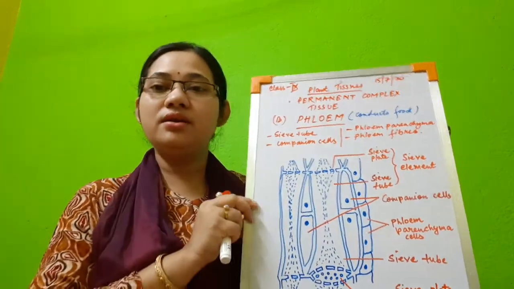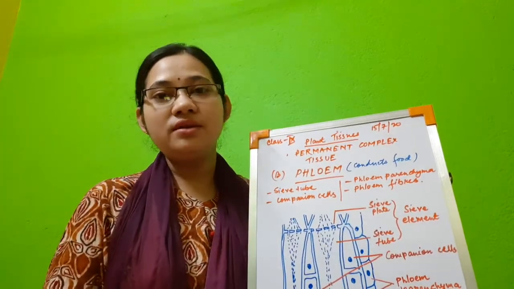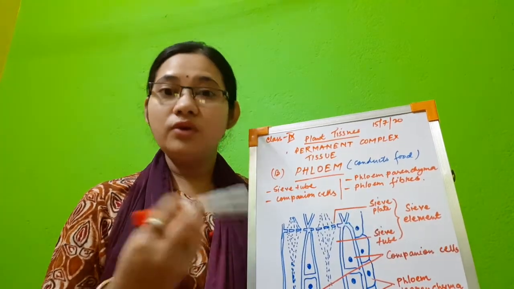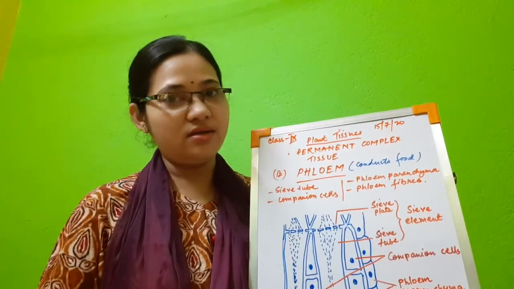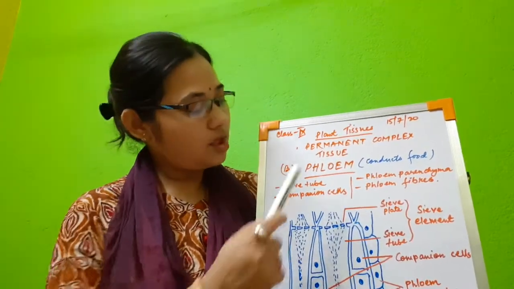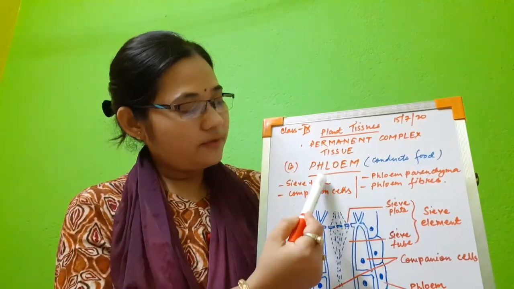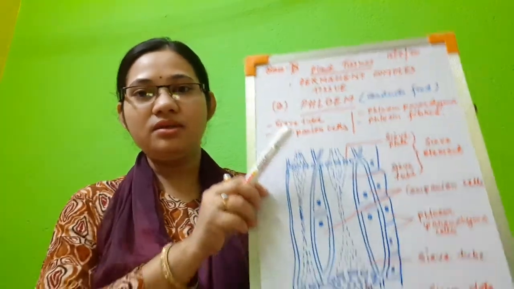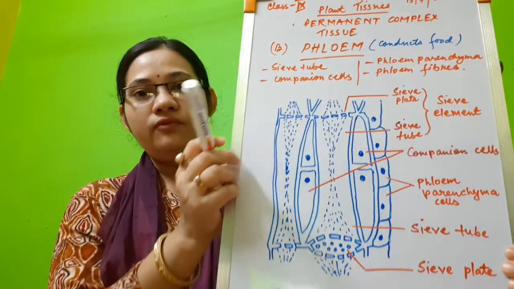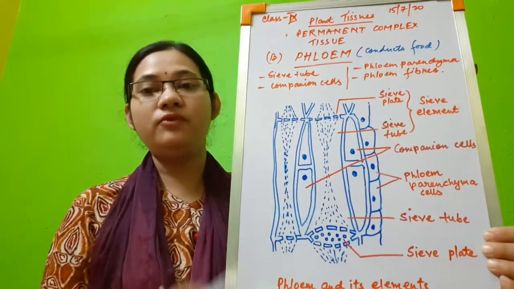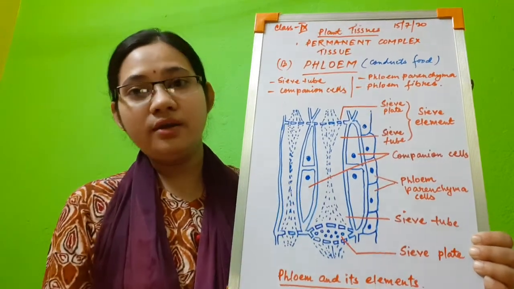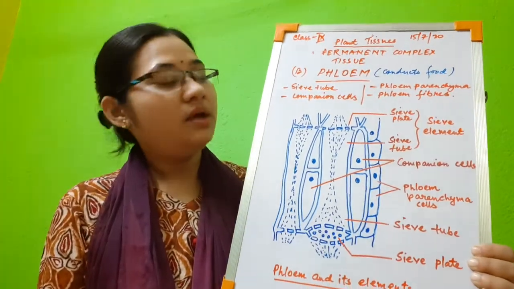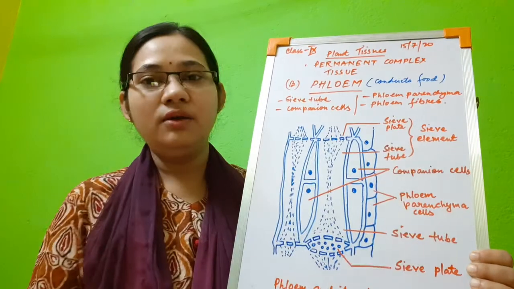In yesterday's video we saw that xylem is called wood, so phloem is called bark. That bark portion consists of phloem. Phloem consists of 4 different elements, as we saw in the diagram. At maturity, when they are devoid of nucleus and cytoplasm, they are converted into phloem fiber.